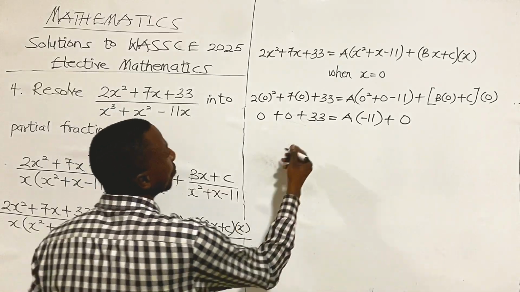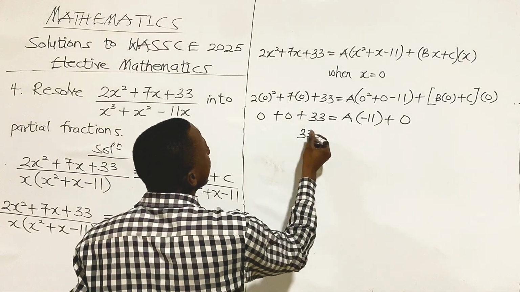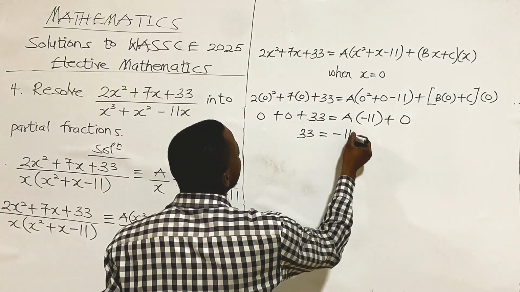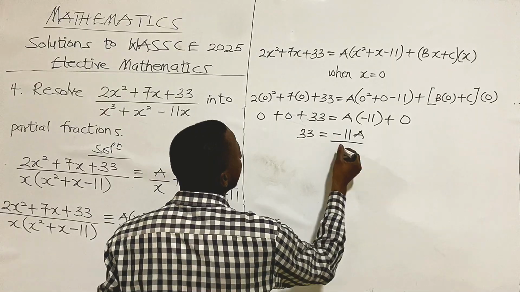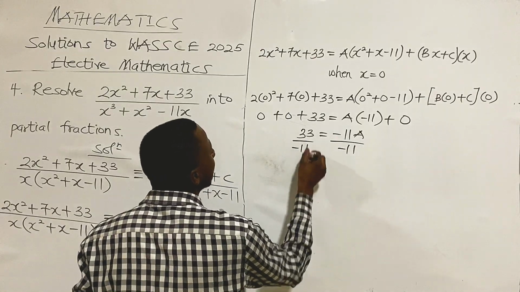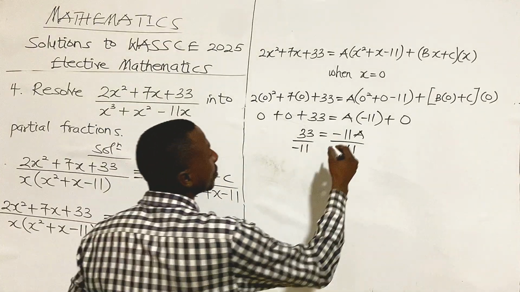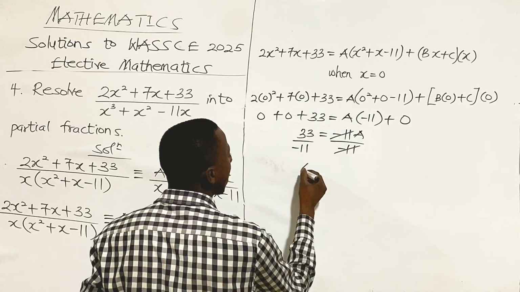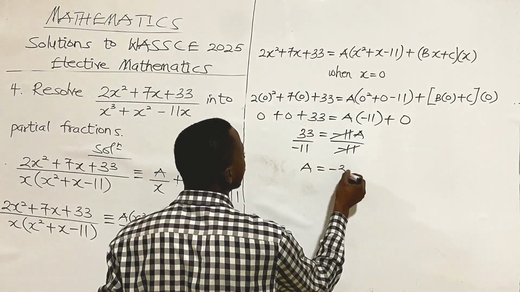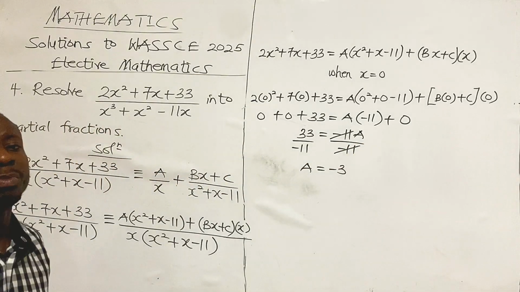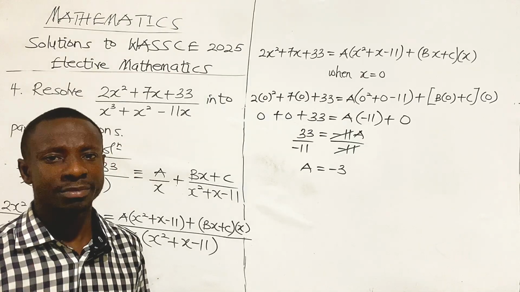Alright, so from here we have 33 is equal to negative 11a. Then I'll divide through by the minus 11. So this will cancel this. I have a to be equal to negative 3 to be the value of a.